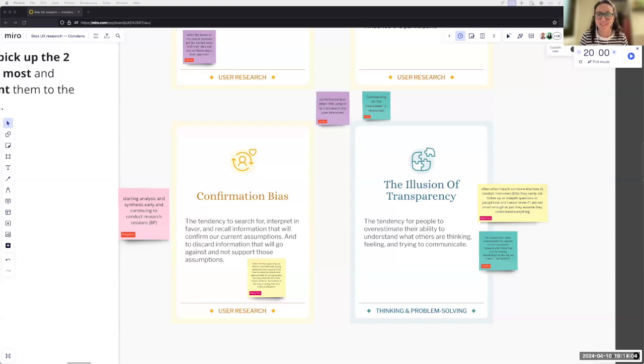One example often is when you do an empathy map or anything with empathy, often people are like, yeah, you need to put the sentiments of the user, what do they feel? And often people fall into this trap where they overestimate their capability of understanding what someone else is feeling.